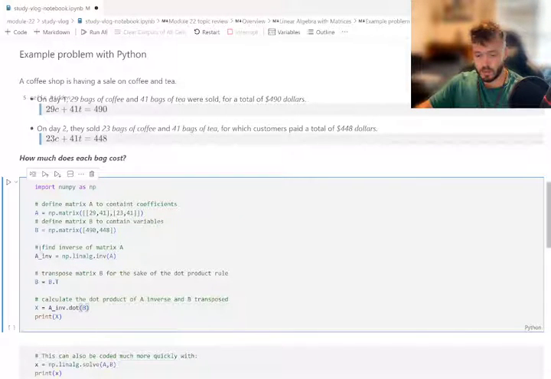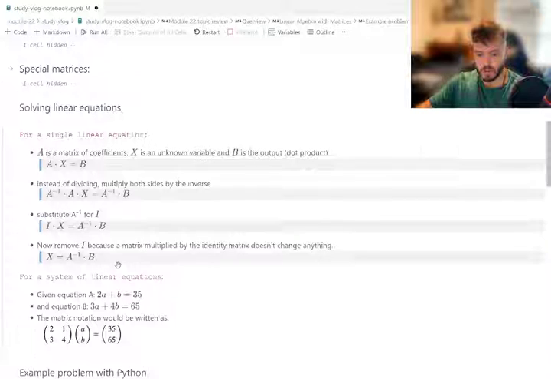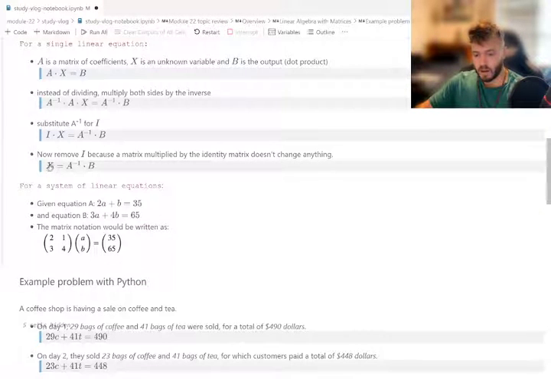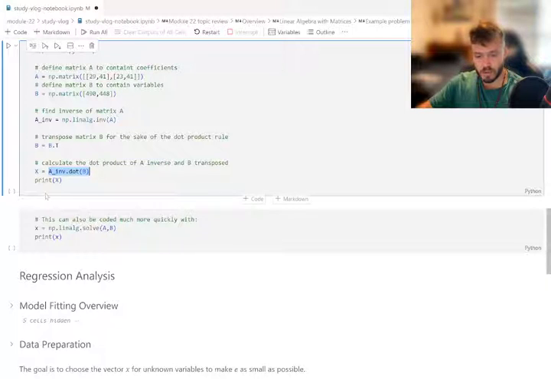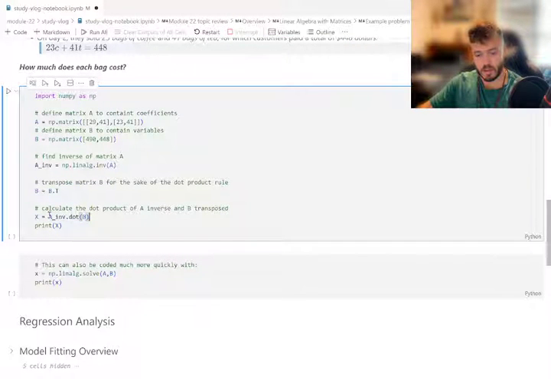And then we have our inverse of A, we have B transpose, and we can find the dot product of both of those. Remember, we know from above that X equals the inverse of A times B, so we're setting our variable X to equal A inverse, which we've defined here, dot product with B, which we've defined here, and we just transpose it to make it compatible for the dot product.